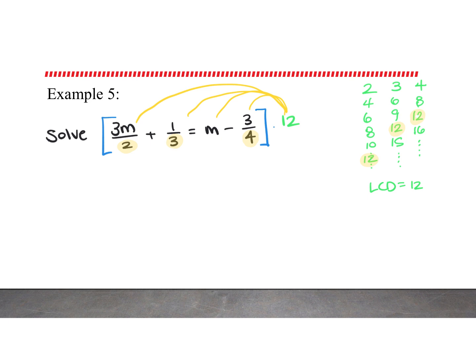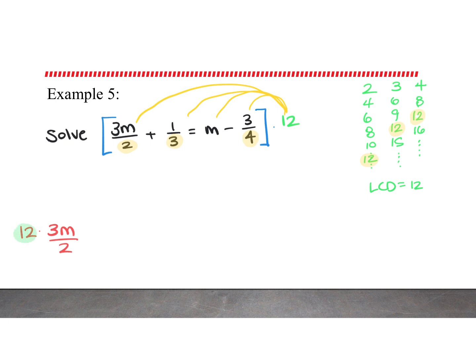Now, the way I like to multiply whole numbers into a fraction to make my life a little bit easier, I will show you off to the side over here. The first thing we've got is 12 times that first fraction, 3m over 2. Instead of multiplying that into the top and making bigger numbers, I start by dividing.